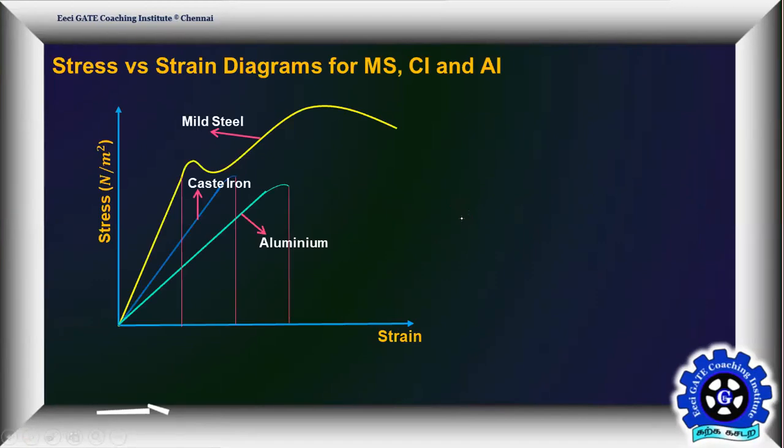Okay. Here, just have a look at the stress versus strain diagram for mild steel, cast iron, and aluminium. We had a discussion on the stress versus strain diagram for mild steel. Now we need to discuss cast iron and aluminium. Just draw this figure.